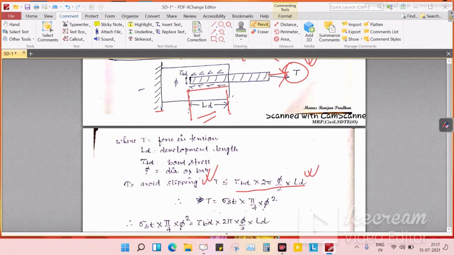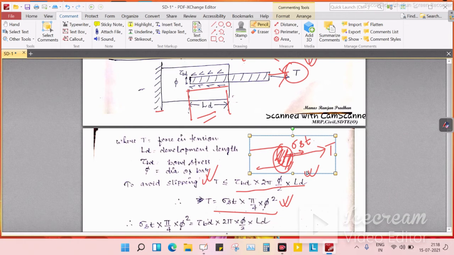But in other words, T is the tensile force, so sigma st into pi by 4 phi square, this cross section area.